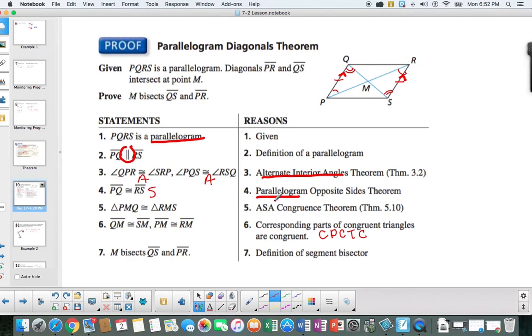So this is going to give us angle, side, angle. Once that's true, then we know that this part is congruent to this part, and this part of the triangle is congruent to this part by CPCTC. And when that happens, that's telling us M is the midpoint, and it's the point at which the two diagonals cut each other.